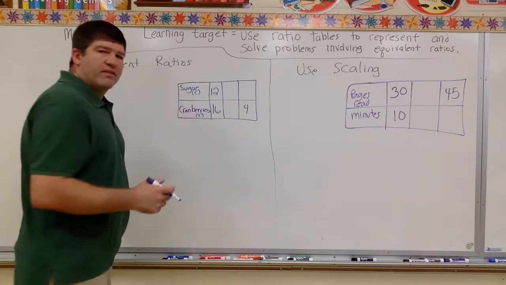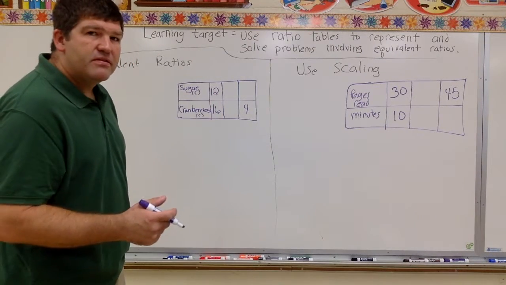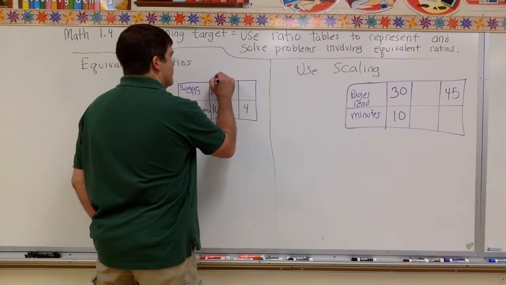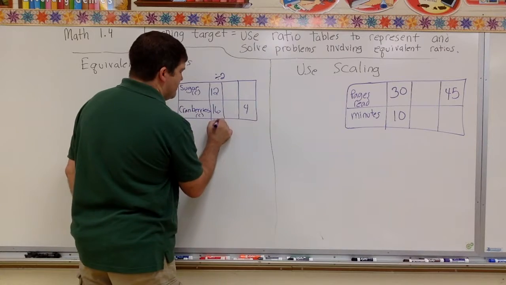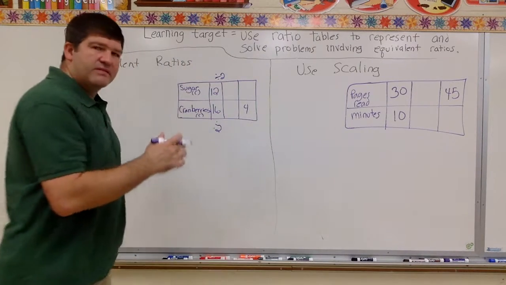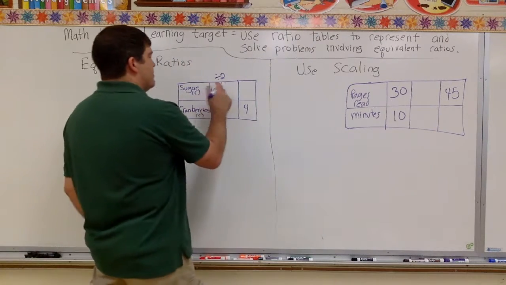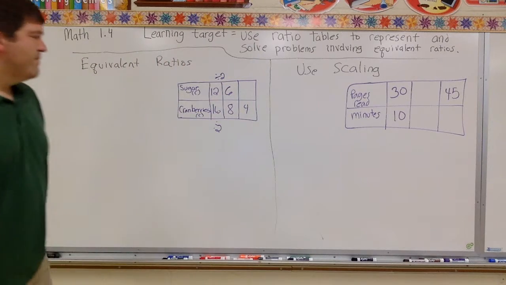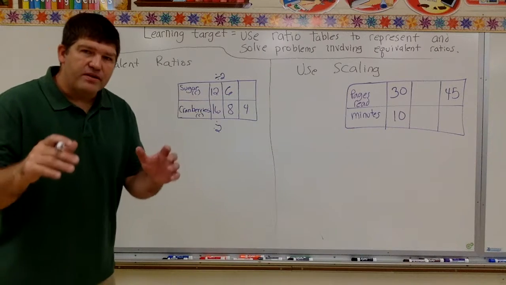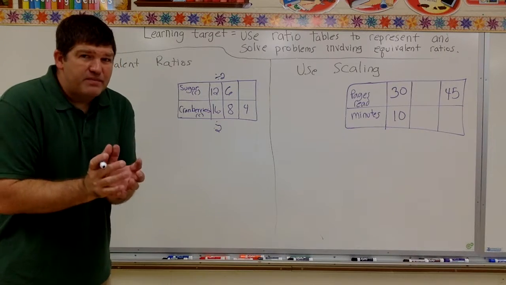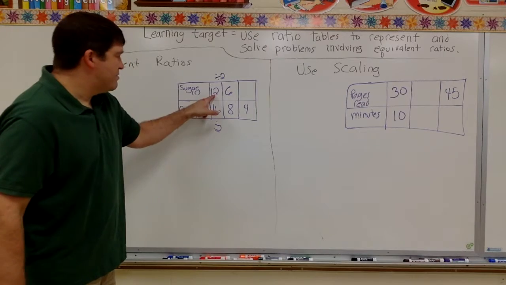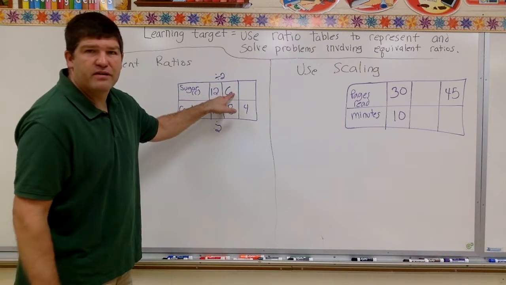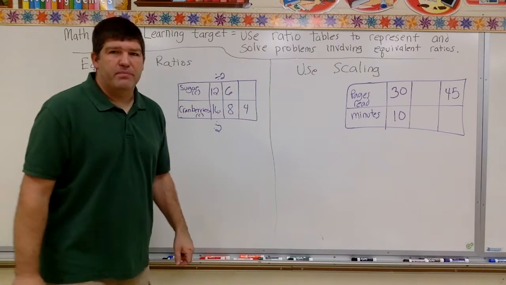I see that they're both even numbers, so I'm going to cut them in half. So divide each by 2, and I'm doing the same to each. 12 divided by 2 is 6. 16 divided by 2 is 8. So if I want to have a smaller recipe, instead of 12 cups of sugar to 16 cups of cranberries, I'm going to do 6 cups of sugar to 8 cups of cranberries.